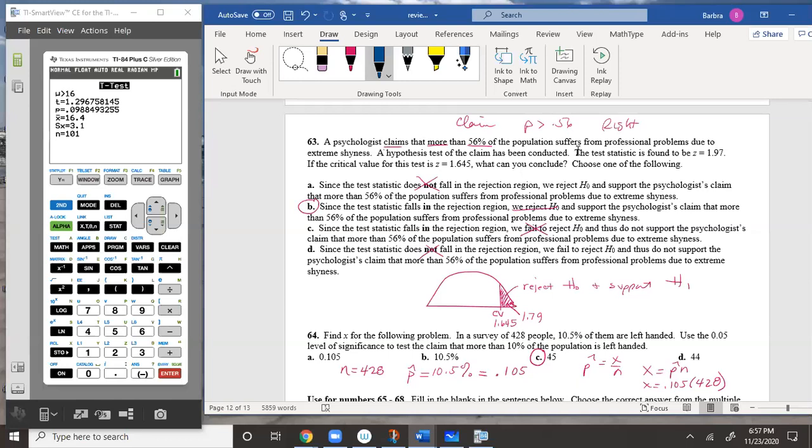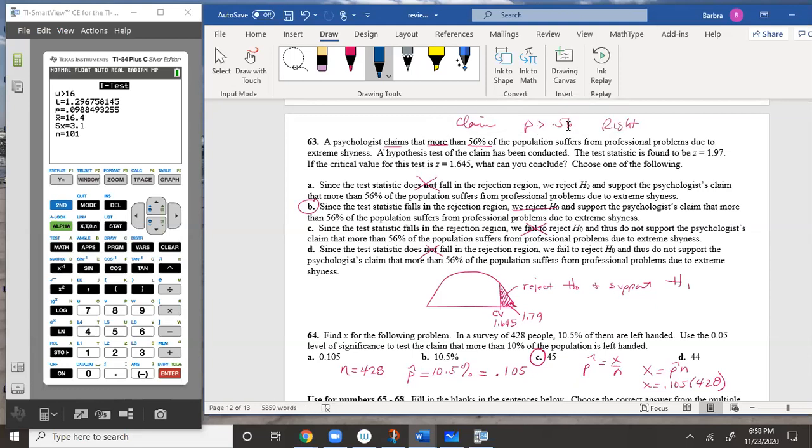So they're asking us to draw a conclusion by comparing the test statistic with the critical value. You really have to draw a quick sketch when you're doing the traditional method so that you can see it on a number line. Oh, and you also need the claim. And it says more than 56%.